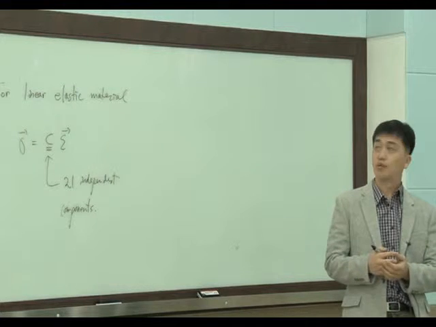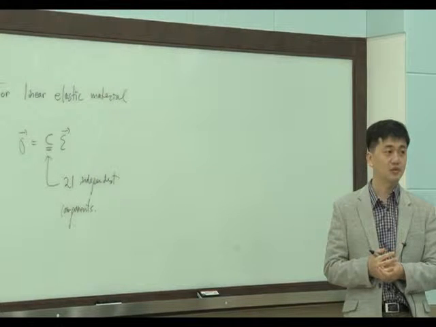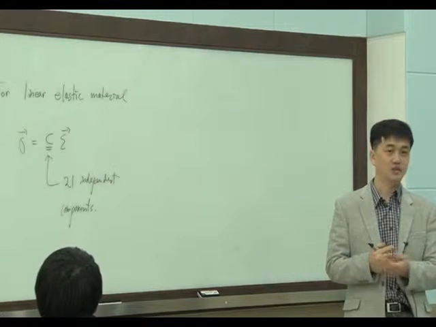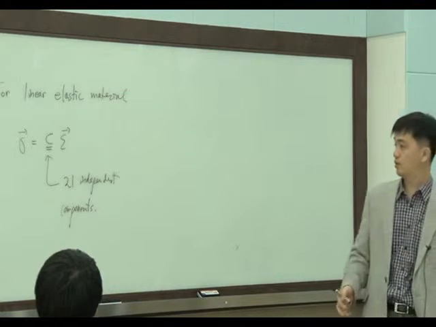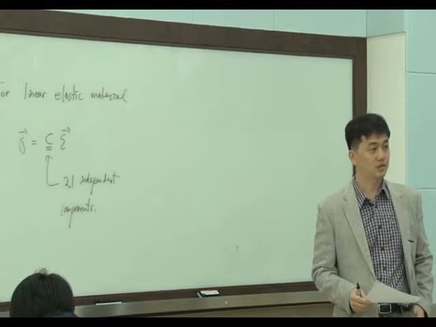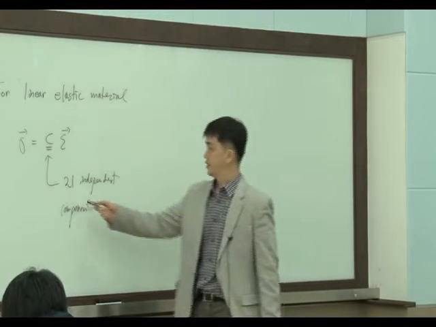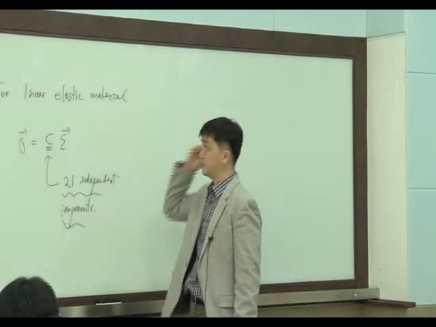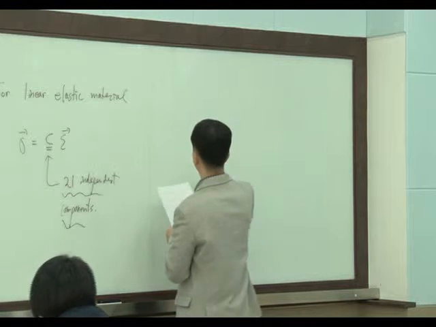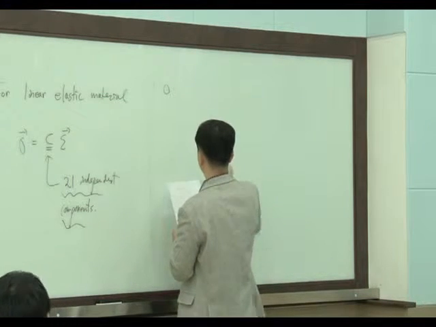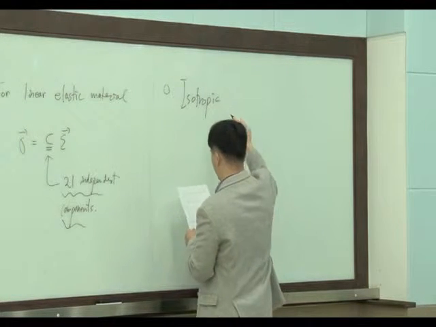So for any linear elastic material, composite material, or steel (steel is linear elastic), you need to do 21 independent experiments. So this is a general case. But now let us focus on a special case, the isotropic linear elastic material.